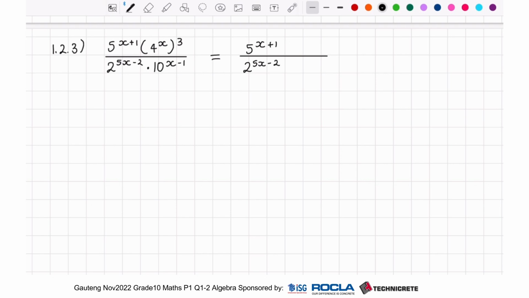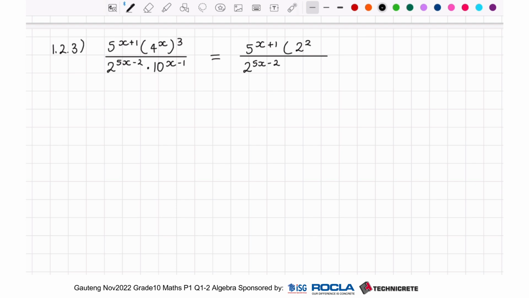But now 4 and 10, I can find some prime factors. So looking at the other bases that I've got, 2 and 5 already, I know that I'm going to want the 4 to be in terms of base 2, and I want the 10 to be in base 2 and 5. So to make 4 into base 2, instead of writing 4, I'm going to write 2 squared.